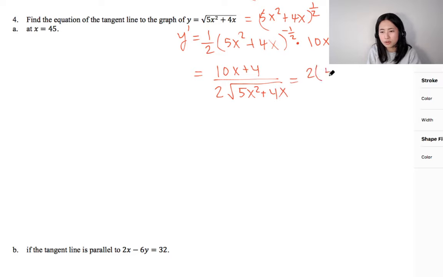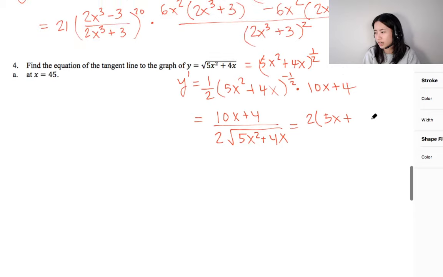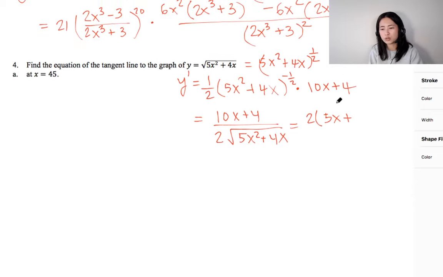Let me just scroll this down a bit so you guys can see what I have. So we have 2 times (5x plus 2), over 2 times the square root of 5x squared plus 4x.